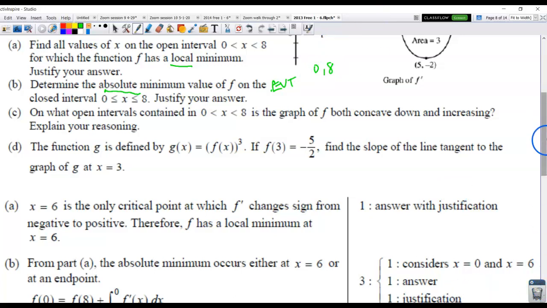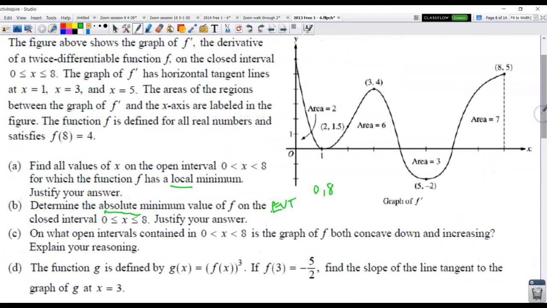If we look at the graph, it has critical numbers where the first derivative is 0 at x equal to 1, but there's no sign change there, so clearly it's neither a local max nor a local min at x equal to 1, so it can't be the absolute minimum. We have a local maximum at x equal to 4, so if you're a local maximum, you can't be the absolute minimum, even though you're a critical number.